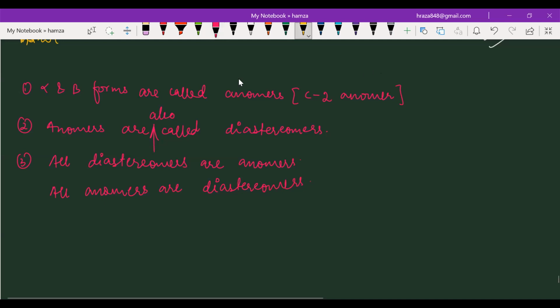Please tell me in the last point whether it is true or false. First one is false, and the second one is true. I already have told you, very good.